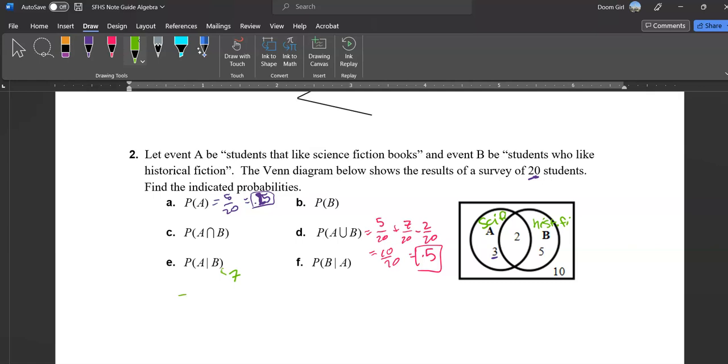Now, out of those 7 people, how many of them do actually like the science fiction? 2 of them, because they fit within both of those categories of science fiction and historical fiction. So it's 2 over 7, which as a decimal is approximately 0.2857 if we're going to go to 4 decimal places.